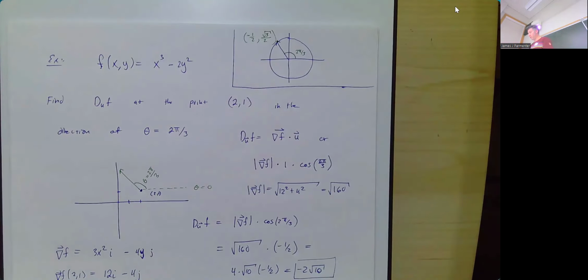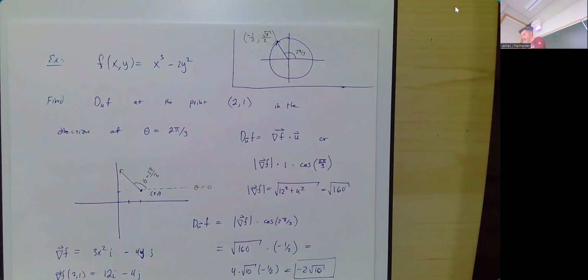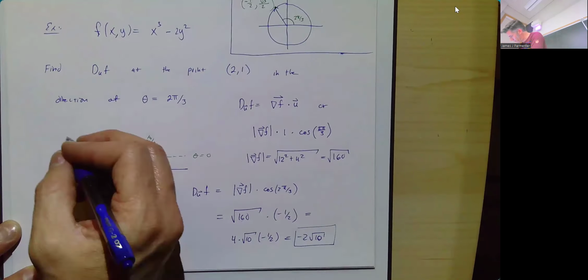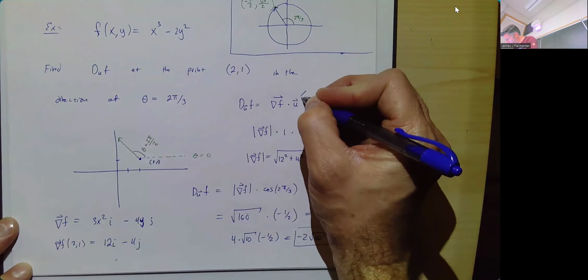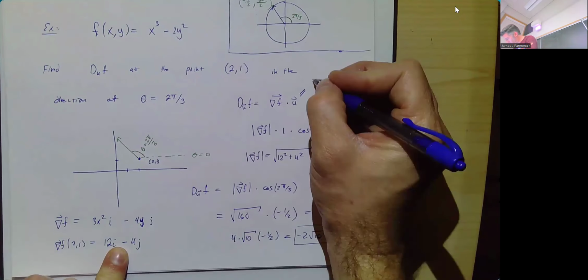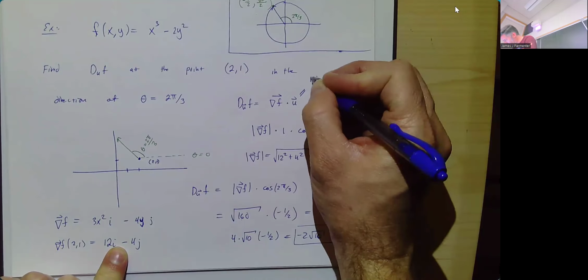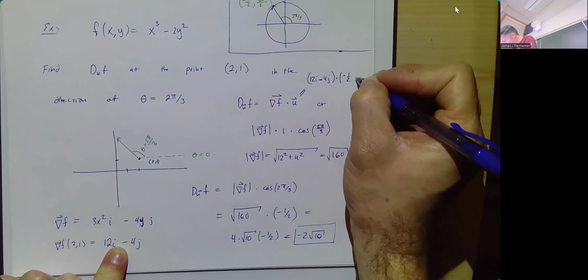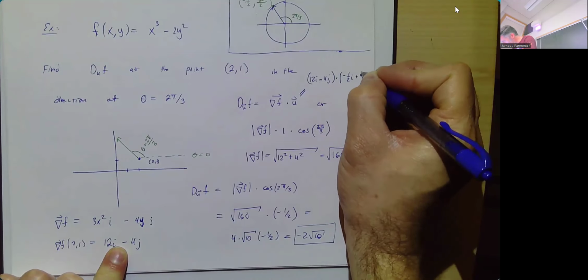So alternatively, we could have done this by taking the dot product of this unit vector with our actual gradient. If I did it that way, I'll just write it right here. It would have been my 12i minus 4j dotted with negative 1/2 i plus root 3 over 2 j.